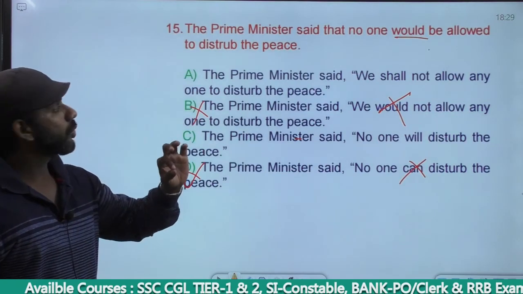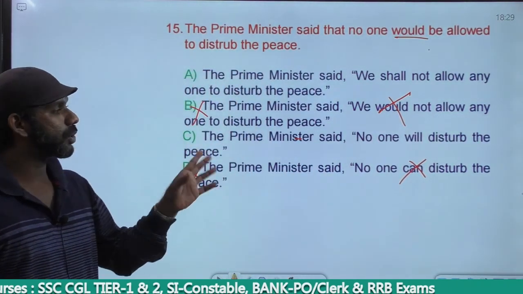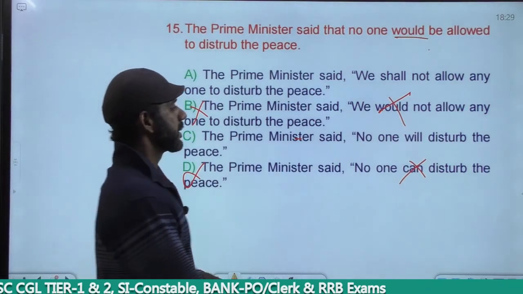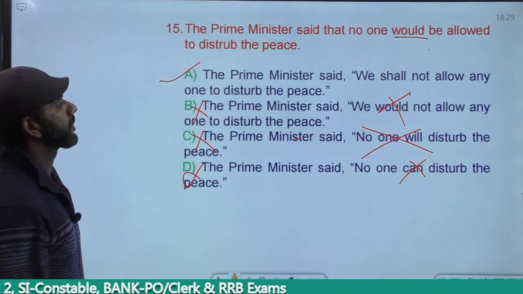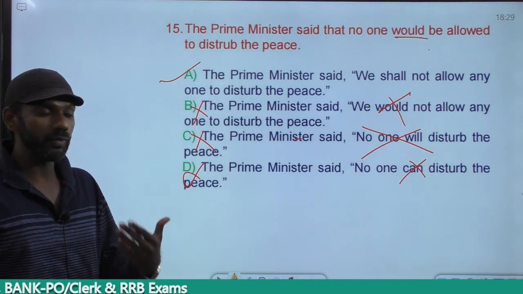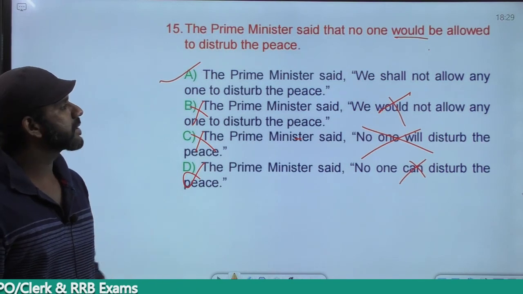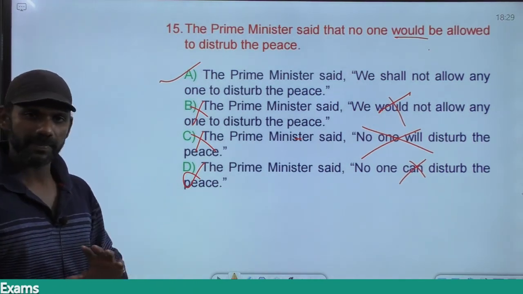C says, no one will disturb the peace. The meanings are completely different. Eliminated. The answer must be option A. The Prime Minister said, we shall not allow, that means no one would be allowed. We shall not allow anyone to disturb the peace. The answer must be option A. Got it?